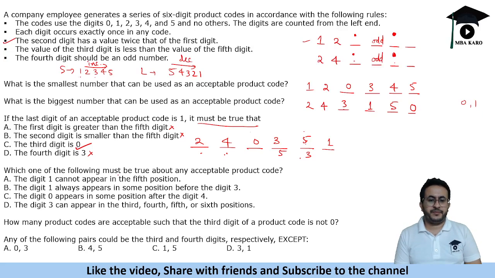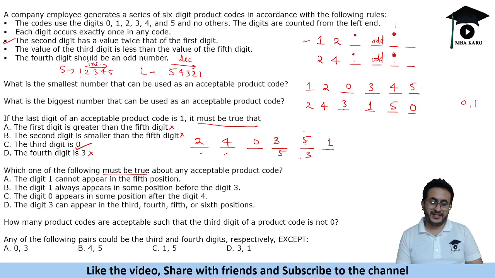Which one of the following must be true about any acceptable product code? So let's see, the digit 1 cannot appear in the fifth position. It is very simple. Is it possible not to have 1 in the fifth position?